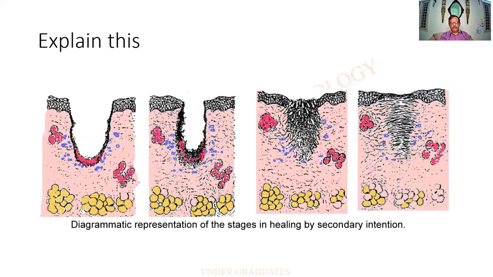A very wonderful diagram which I had taken up, colorful also. Kindly go through it. An excavated wound, there is a large defect, epithelium is separated, it cannot be opposed by means of suturing. So there is a clot that is getting formed over here, and look at the exuberant growth of the fibrous tissue.